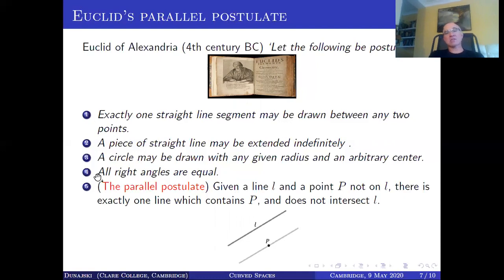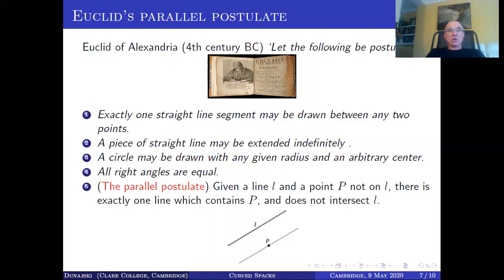Now, this 5th axiom caused controversies which lasted for over 2,000 years. You see, if you have a set of axioms, you'd like to know if they're really independent. So can it be that the 5th axiom, in fact, can be deduced from the first 4 and didn't have to be put in by hand in the first place?